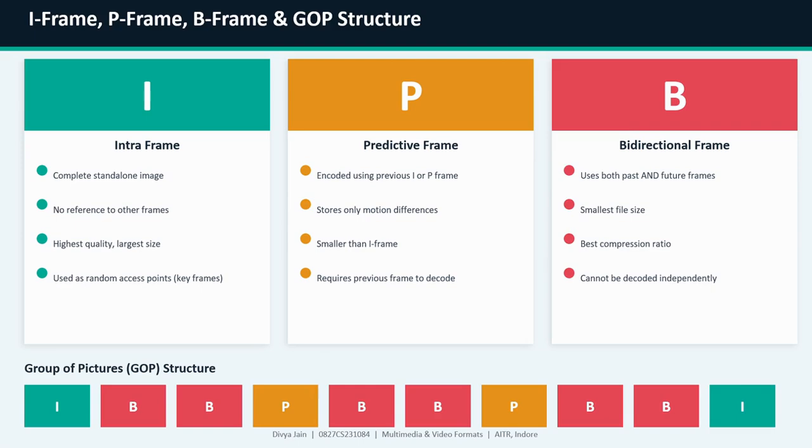P-frames store only the difference from the previous frame using motion vectors, much smaller than I-frames. B-frames reference both past and future frames, achieving the smallest size and best compression, but they can't be decoded independently. A group of pictures, or GOP, is the repeating sequence of these frames, typically I, B, B, P, B, B.